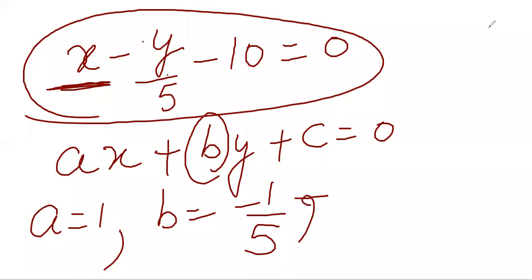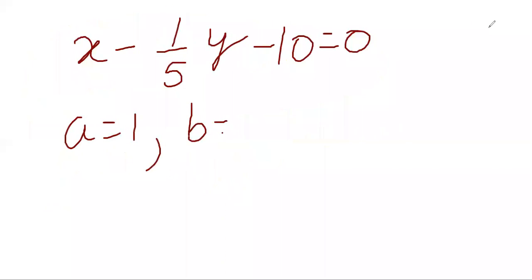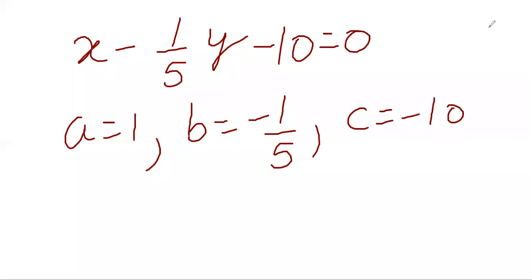And c is equal to -10. That means you are having the equation x minus 1/5 y, you can write down like this, minus 10 equal to 0, where a is equal to 1, b is equal to minus 1/5 and c is equal to minus 10. Yes, any query here?